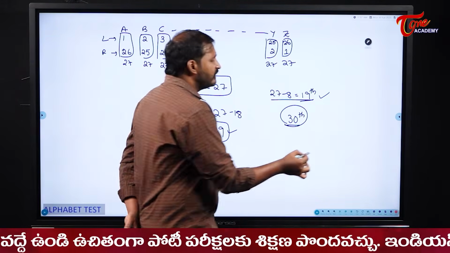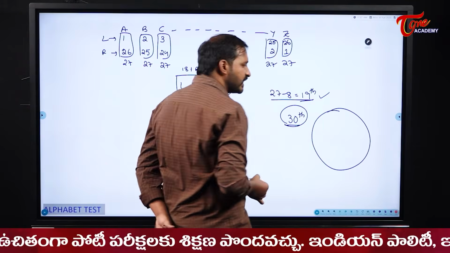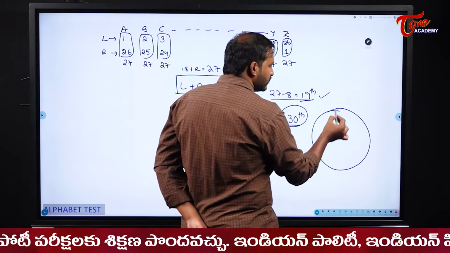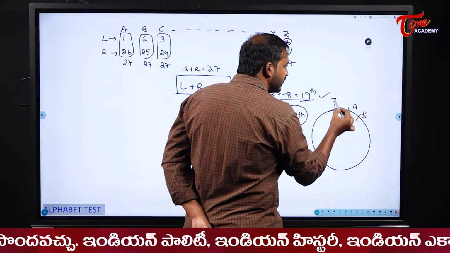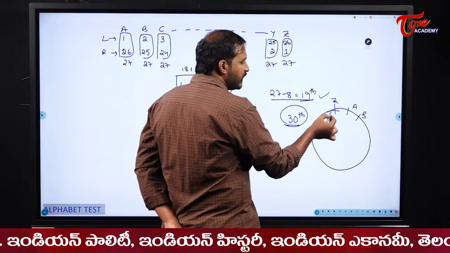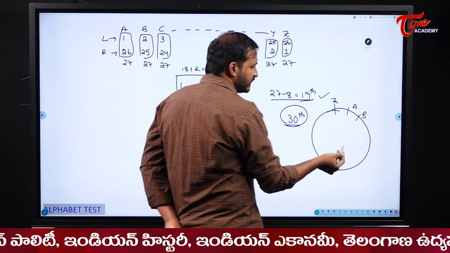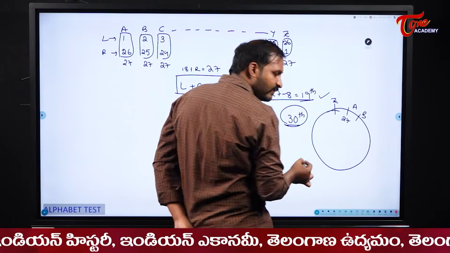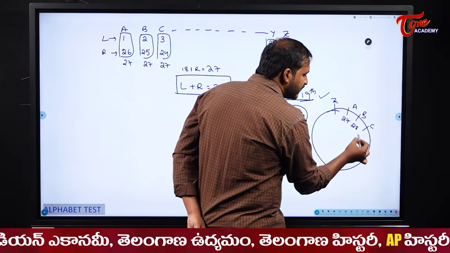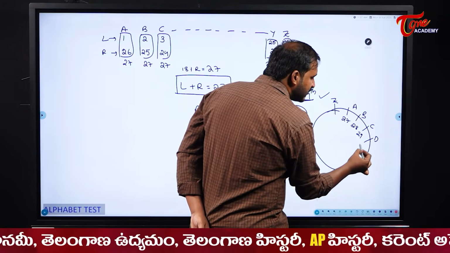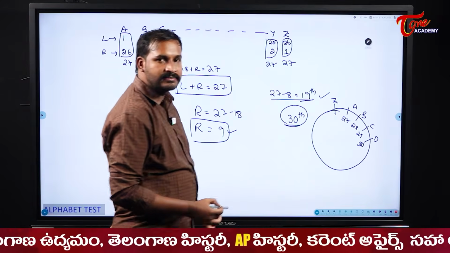See students, we will always consider the alphabets in a circular manner. It starts with A, B and so on, and ends with Z, so up to here it is 26. Once again A becomes the 27th alphabet, B the 28th, C the 29th, and D becomes the 30th alphabet.